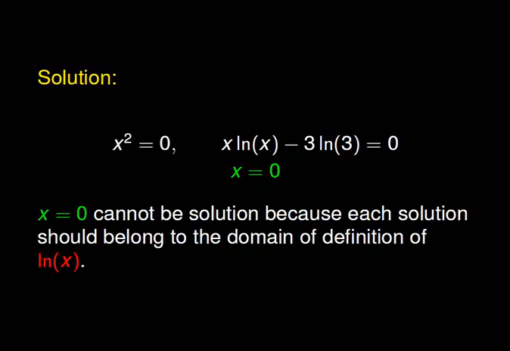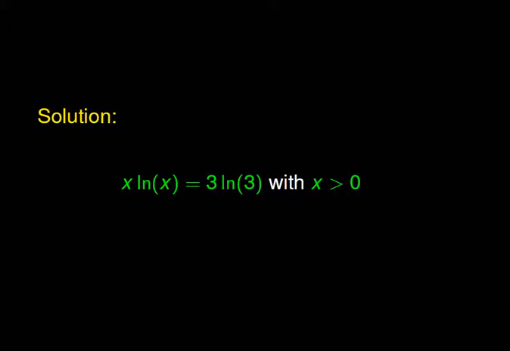But 0 cannot be a solution because the log of 0 is undefined. As a matter of fact, each solution should also be in the domain of definition of the natural logarithmic function, which is the set of positive real numbers. Thus we end up with the last equation: x times log of x equals 3 times log of 3, with x strictly greater than 0.